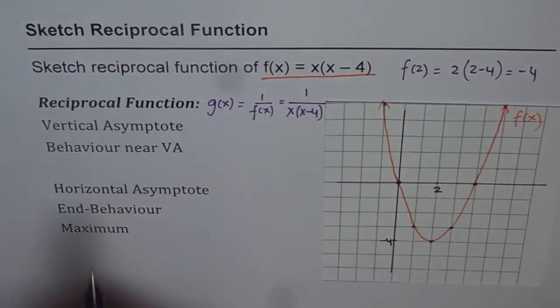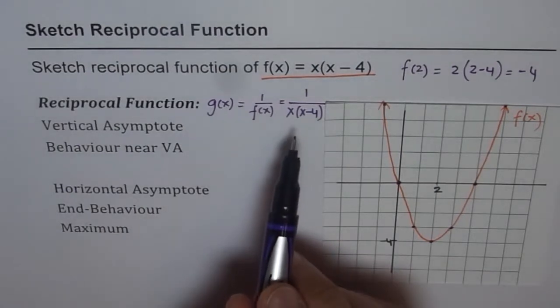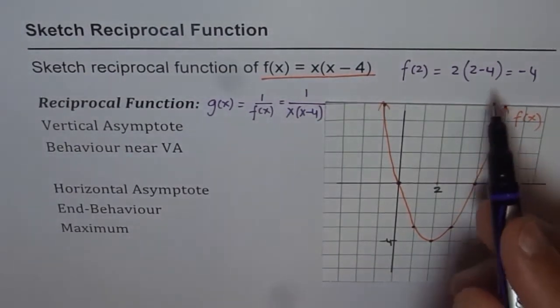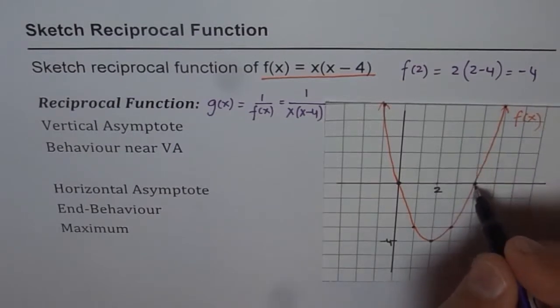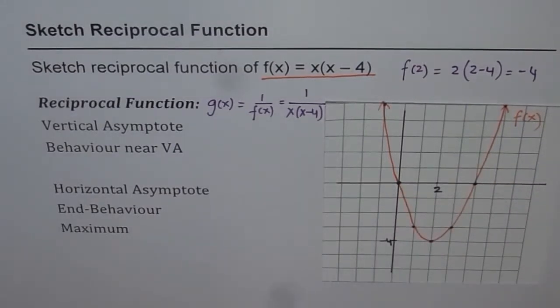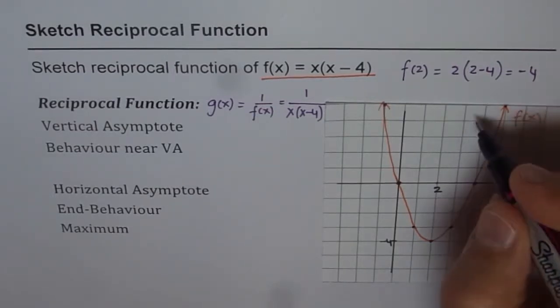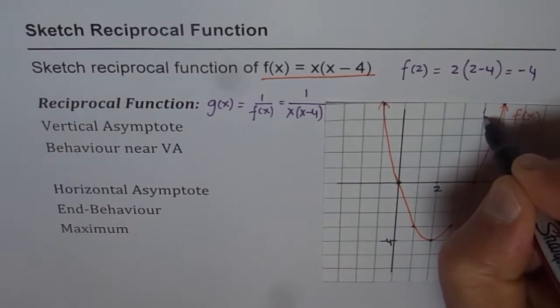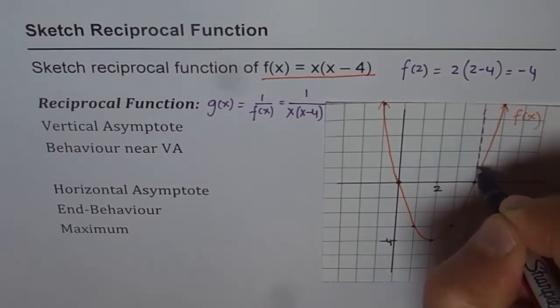Now let's start with the vertical asymptotes. Vertical asymptotes will be at zeros of f of x. That means these are my vertical asymptotes. They are not in the domain of the function, and at vertical asymptotes, let me draw dotted vertical lines, indicating that these are the vertical asymptotes.